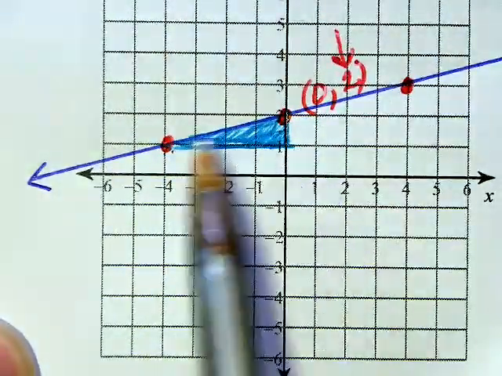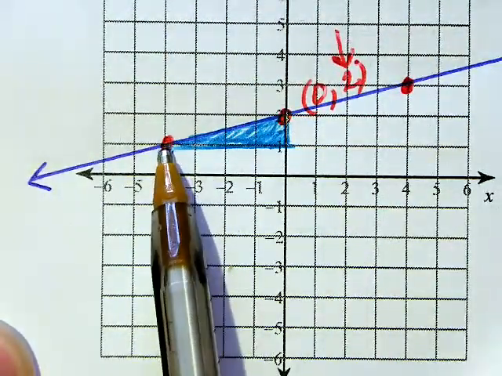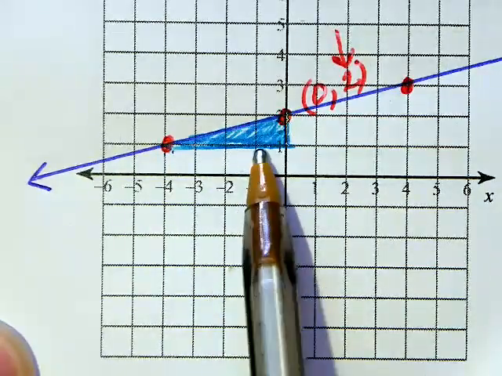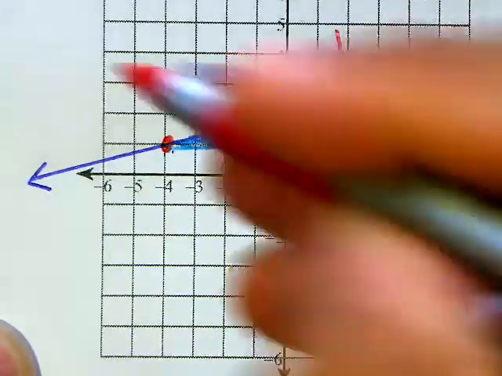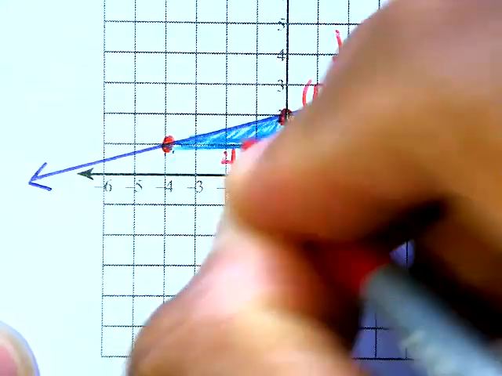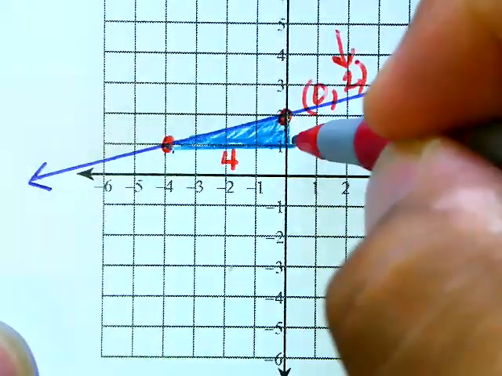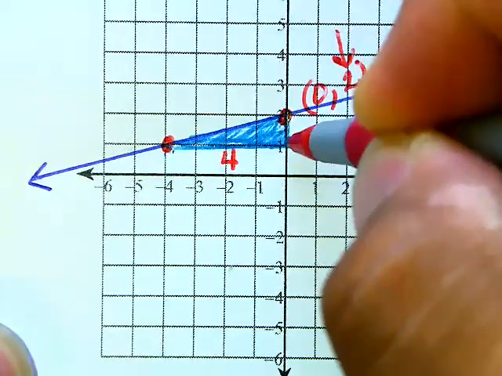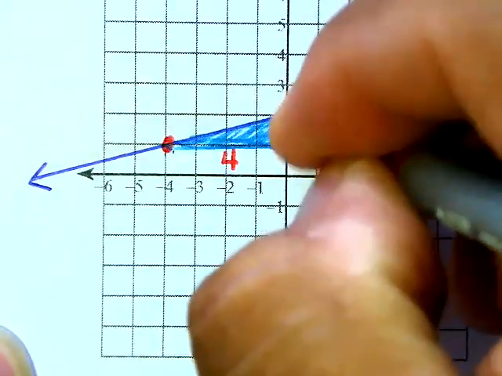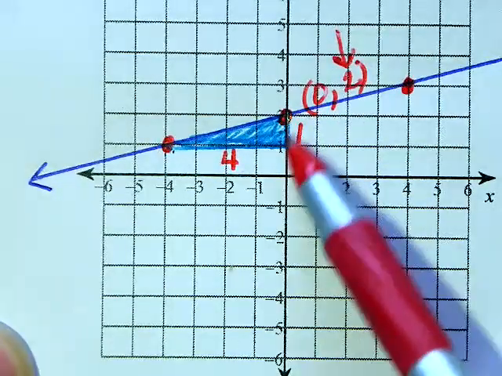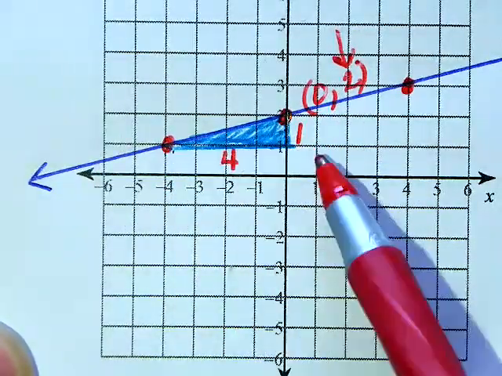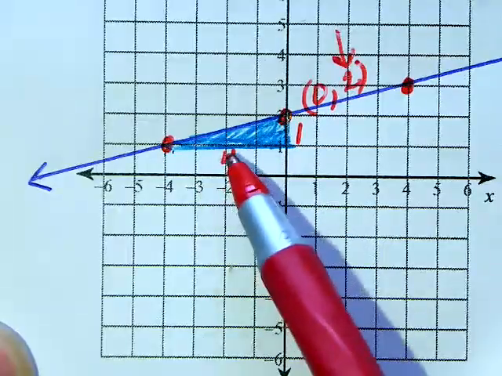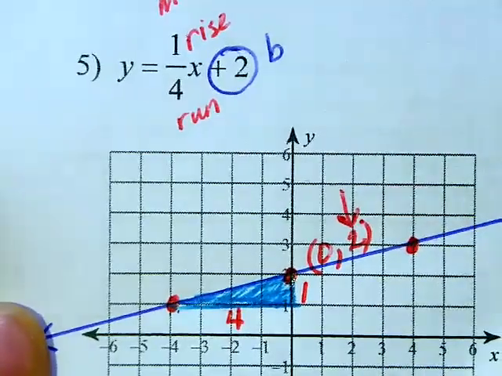From point to point, if I count my units, 1, 2, 3, 4. And then from top to bottom, this side of the triangle is only 1 unit. So my rise goes up and down, my run goes across. That's 1/4. That's where the 1/4 comes from.